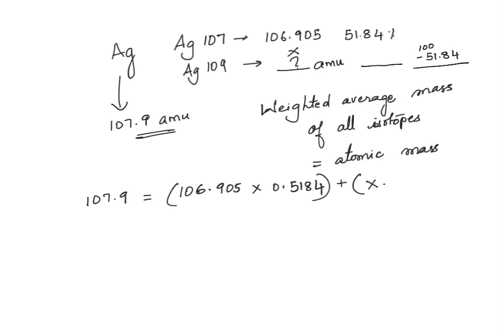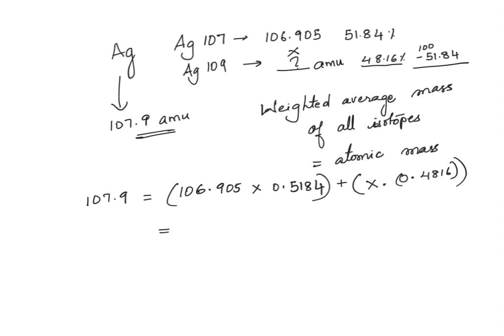So in this case, 100 minus 51.84 would turn out to be 48.16%. So x multiplied by 0.4816.